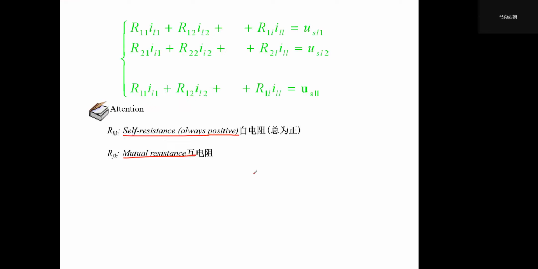So if two mesh currents share a branch and their directions are identical, we give it a positive sign. If they are going in opposite directions, we give it a negative sign.